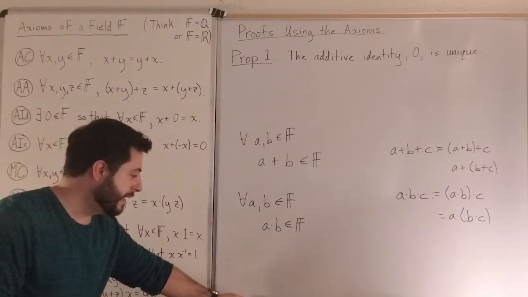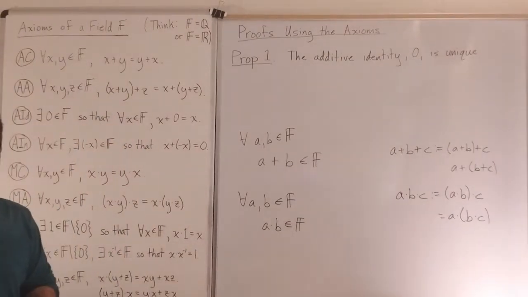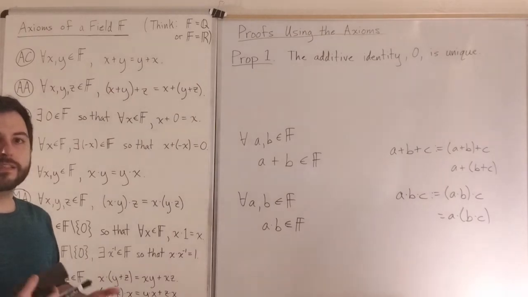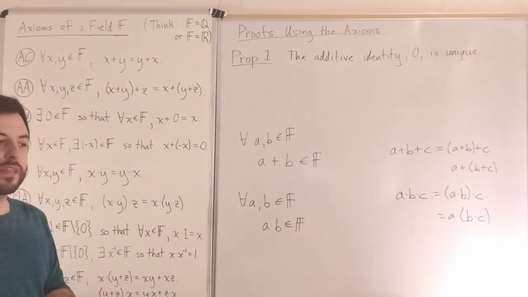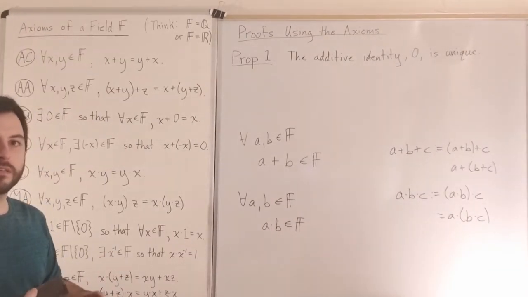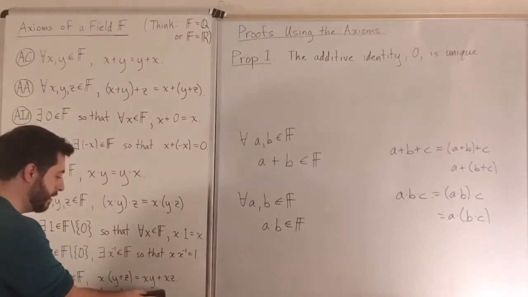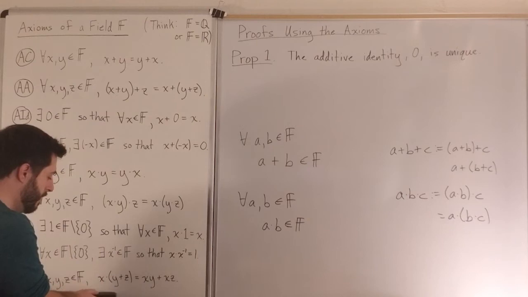Okay? And in general, one of the properties that we want a set of axioms to have is that there's nothing extra in there. There's nothing that we can take out and have it still completely describe the object that we're trying to describe. So we don't want to include anything superfluous.